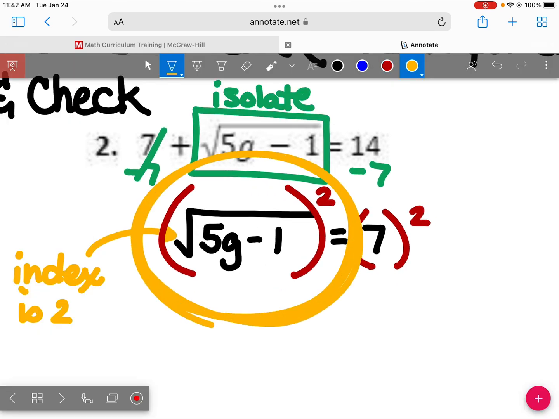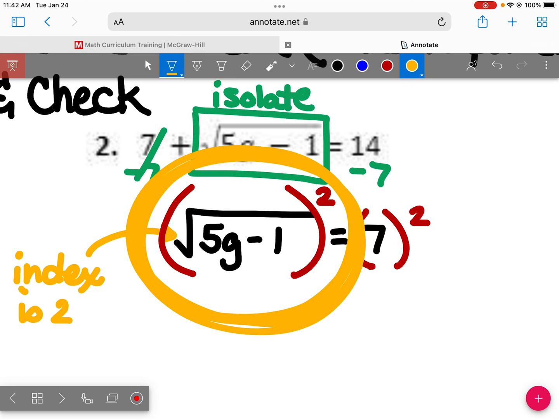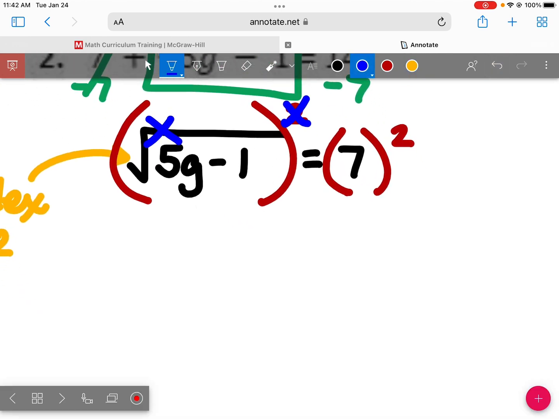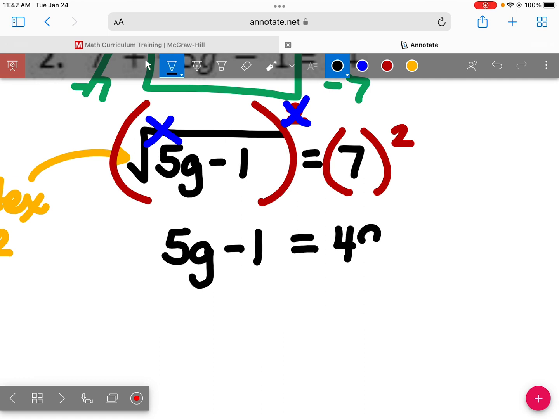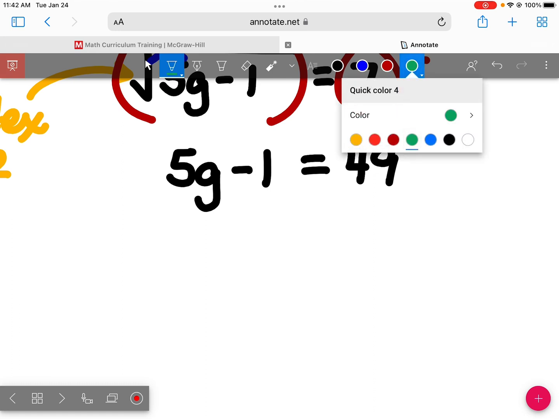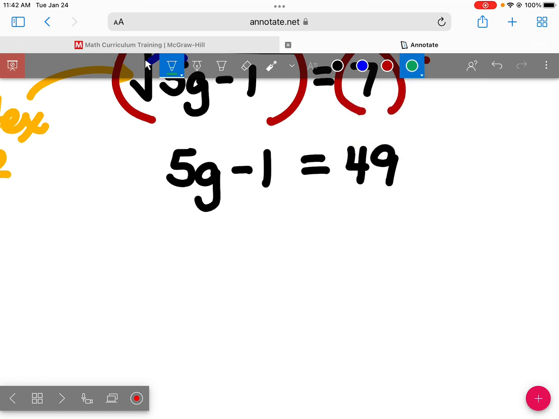What happens over here? They cancel out. The squared and the radical will cancel each other out. So I have 5g minus 1 equals what? I heard 49. What do I do next? Add 1 to both sides.